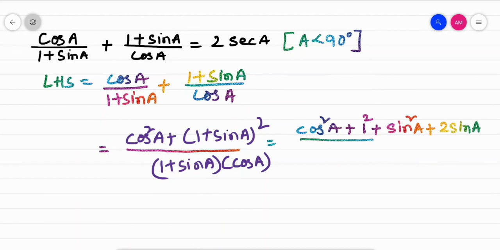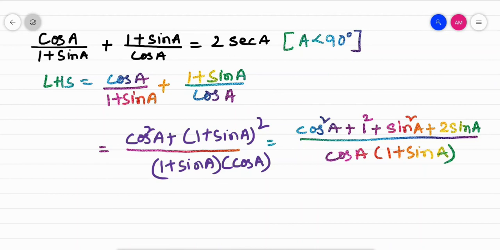Now divided by, keep this like this, cos A into 1 plus sin A. Now see children, cos square A plus 1 square plus sin square A. Look at this. Cos square A plus sin square A is 1. So 1 plus 1 square is 1, so 1 plus 1 is 2.